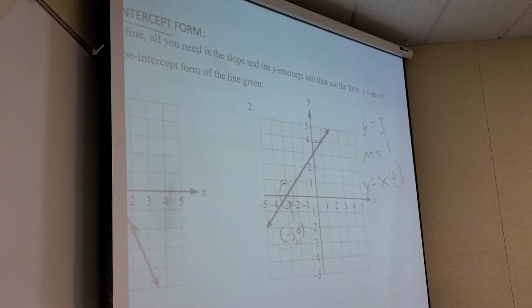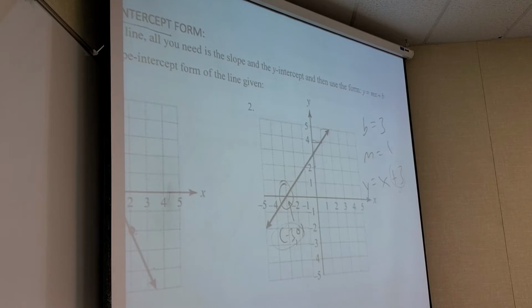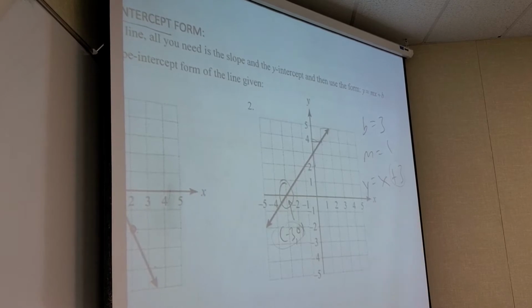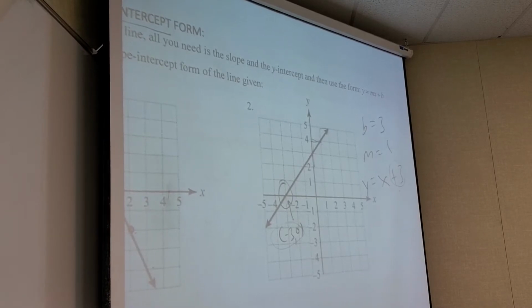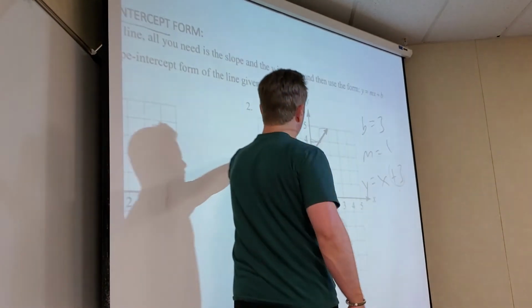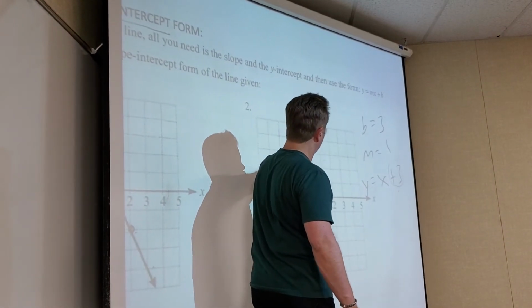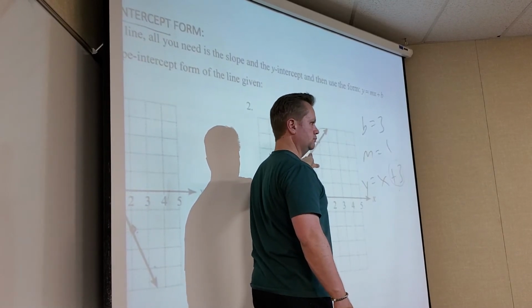How did you get b equals 3 again, please? Where does it hit the y-axis? From 0? Where does that line hit the y-axis? Oh, right there. And what's the y point in this? 3.